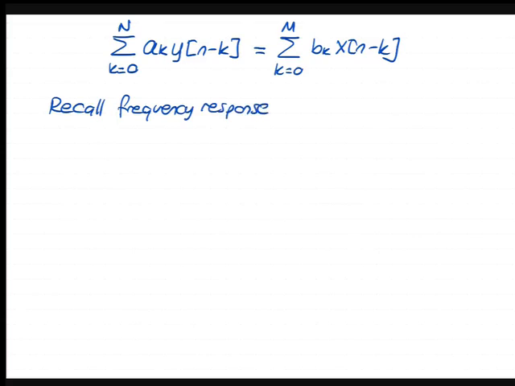I didn't do this explicitly for DTFT, but I did it for CTFT, and it's the same thing. It is the Fourier transform of the impulse response, and the same thing is true for a discrete time system, and so DTFT comes into play. Impulse response, okay?